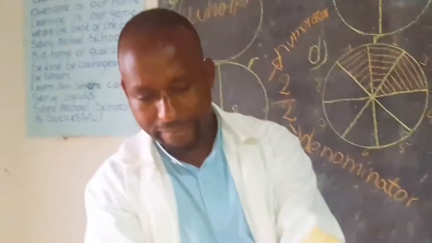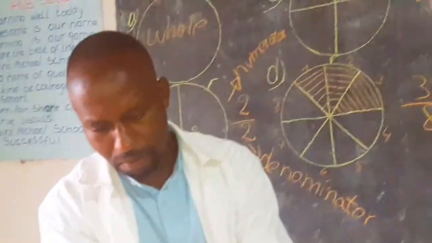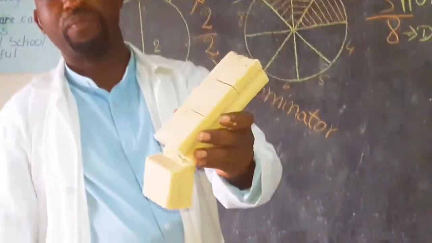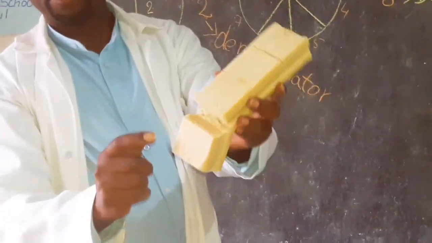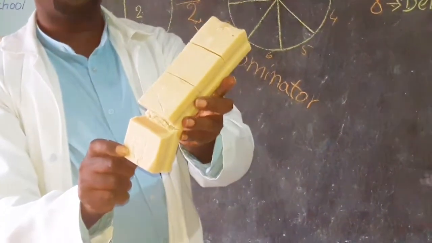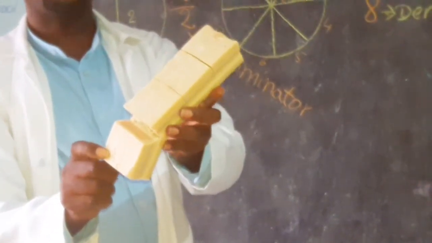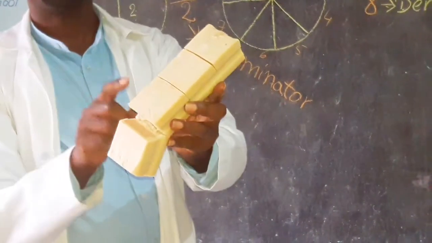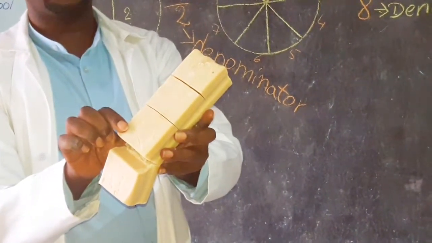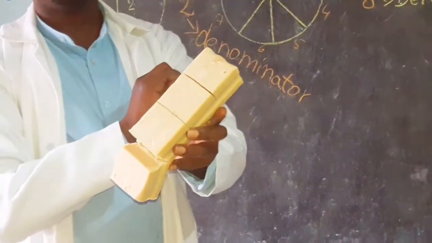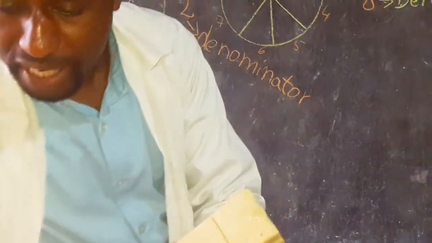I take 1. This is numerator, and the number of available parts are 4. Numerator is 1, and the available parts is 4. 1, 2, 3, 4. And it's written like this.